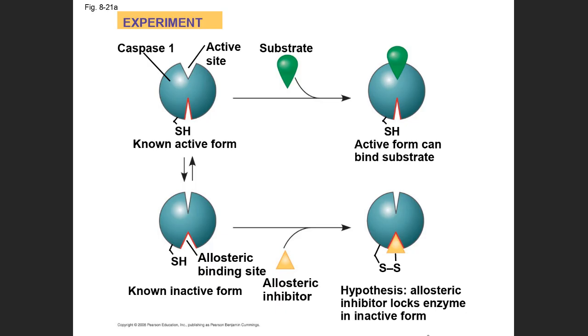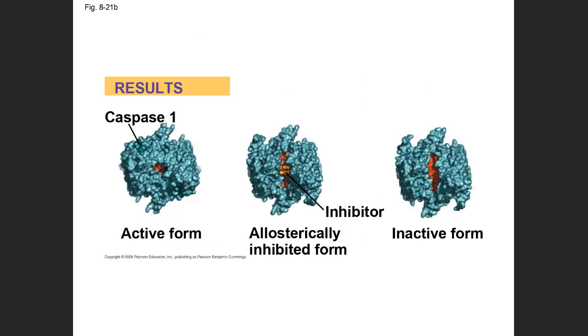Not all enzymes are allosteric enzymes, right? So some of them are, and they have multiple mechanisms of regulation. Other enzymes are simpler and don't have allosteric sites. This is just showing you a filled-in model to show you the active form, and then the inhibitor binding to keep it inactive. So you notice there's a change in the shape, the inactive form versus the active form, right?